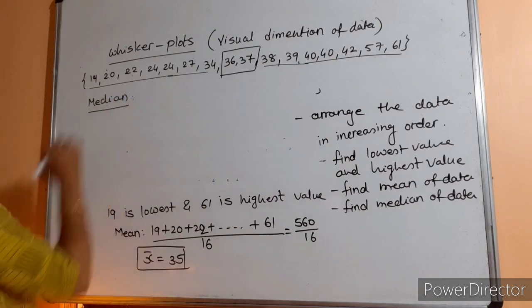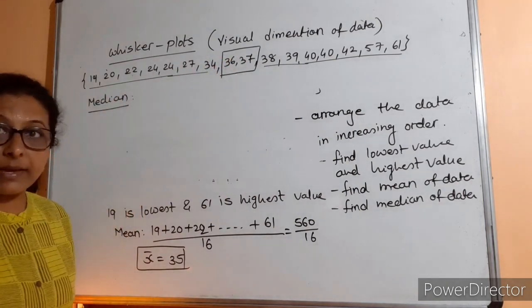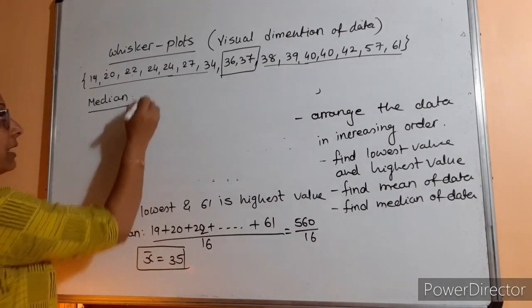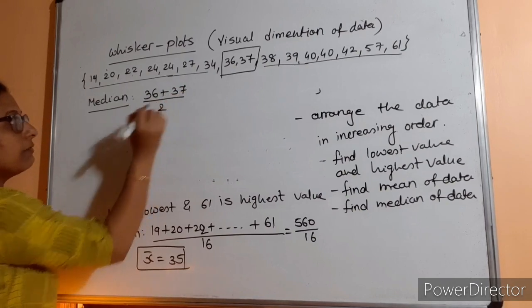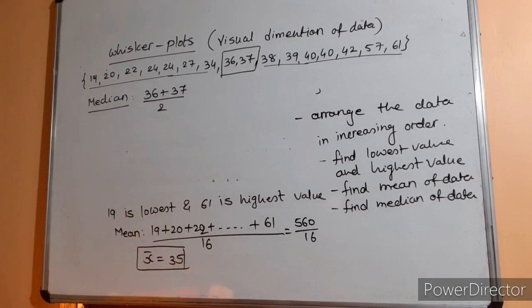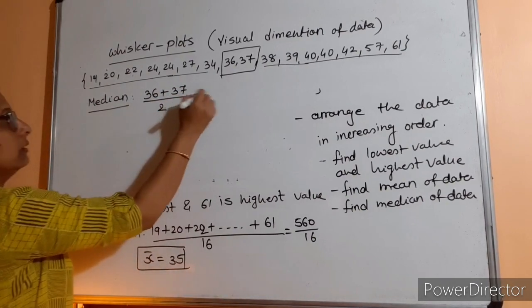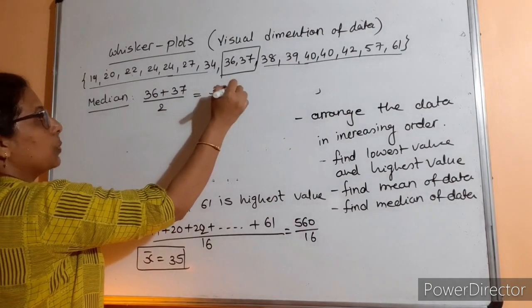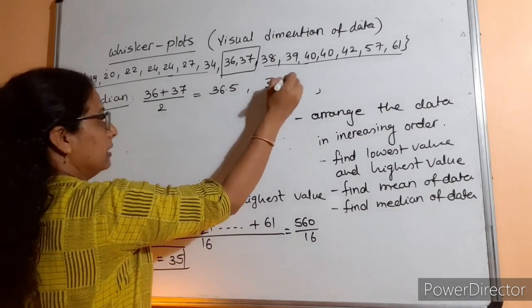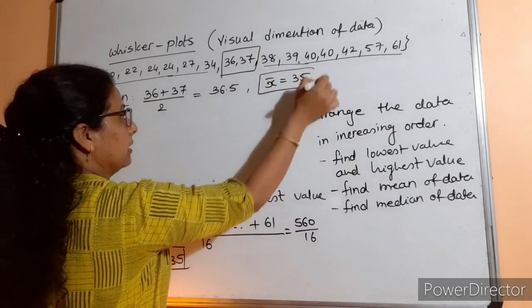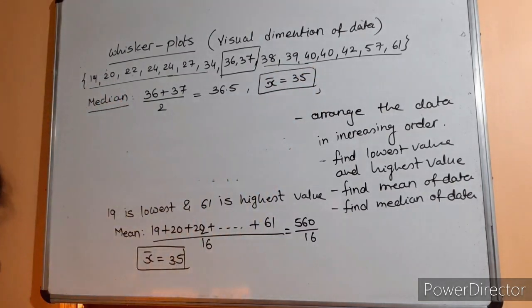So, we want to find the median. The median is 36 plus 37 divided by 2. So, we get 36.5. That is 36.5 is our median, right? And the mean I have written here, that is 35. So we get the mean and median.